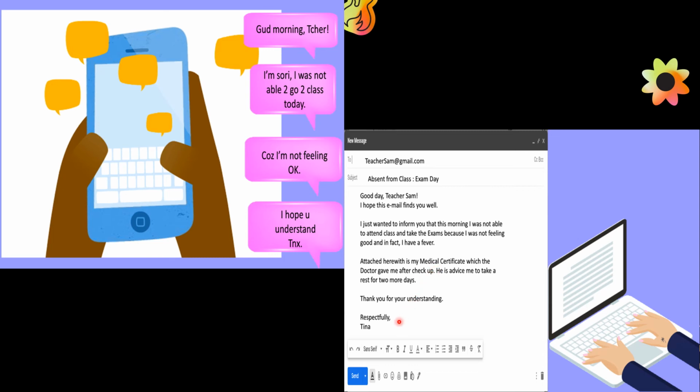It also has a closing. Now, which one is more appropriate to this situation? Correct. This is an urgent situation, so a text message is important. But don't forget to send an email afterwards for formality reasons.